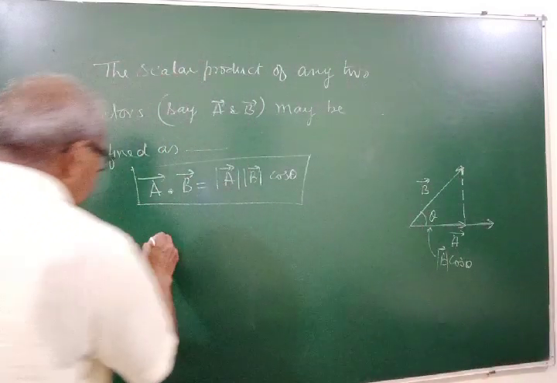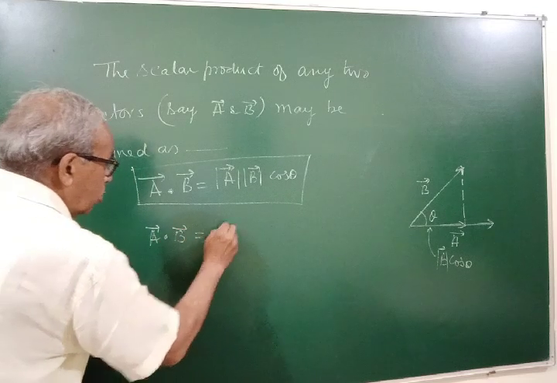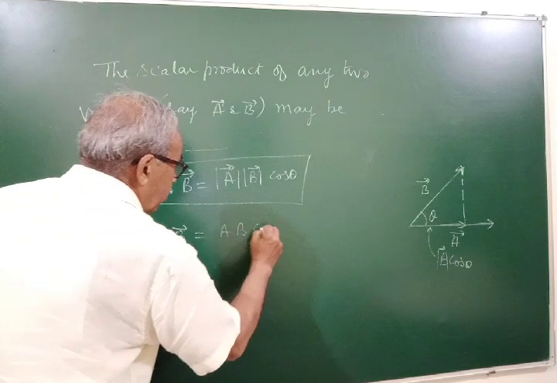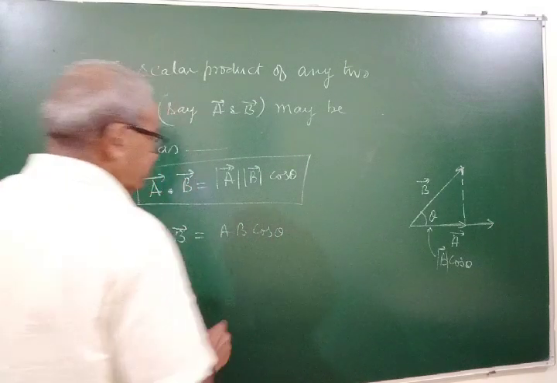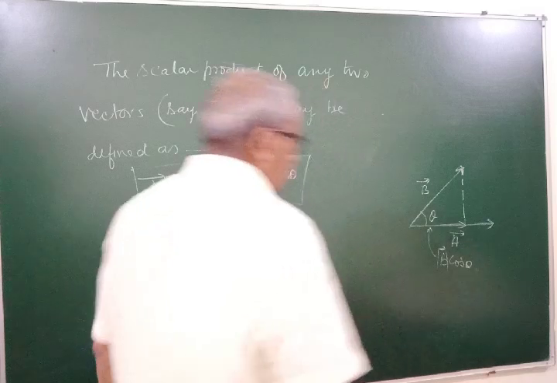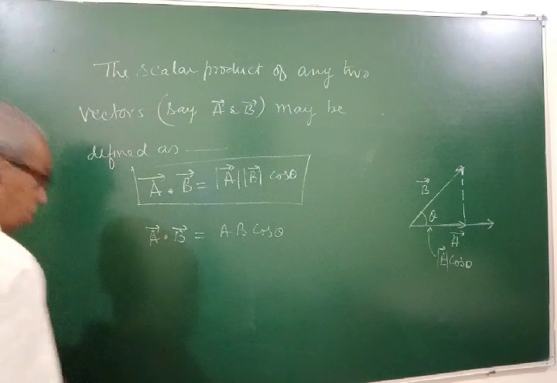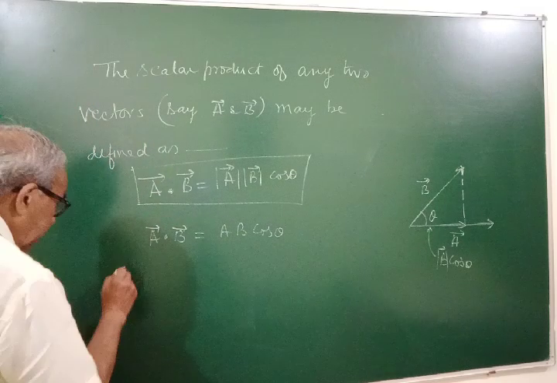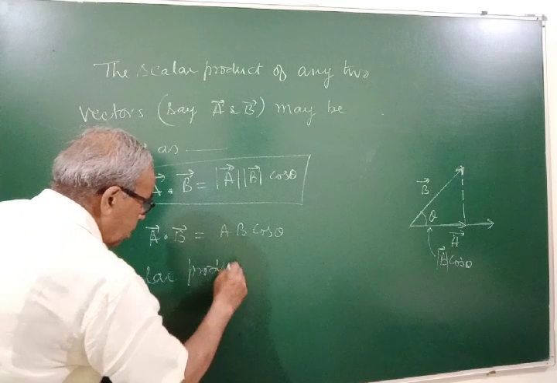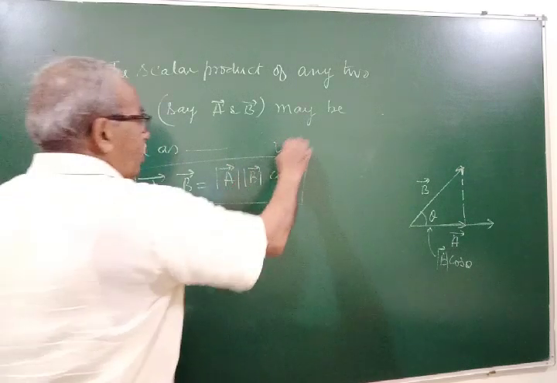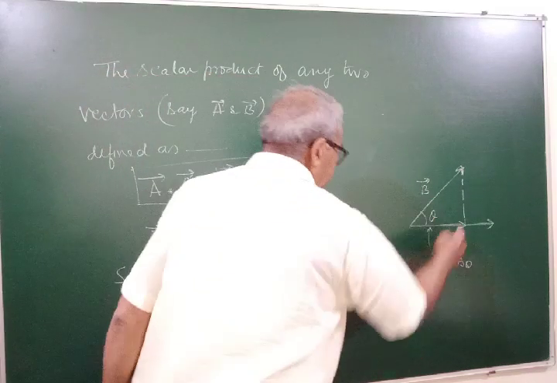So we can also write vector A dot B equals AB cos theta, because without the arrow they represent scalars, their magnitudes. What is this called? Projection of B on A.